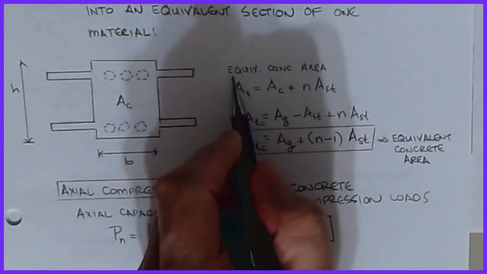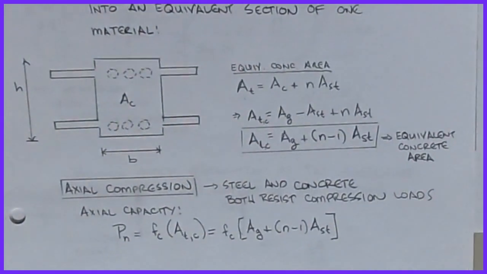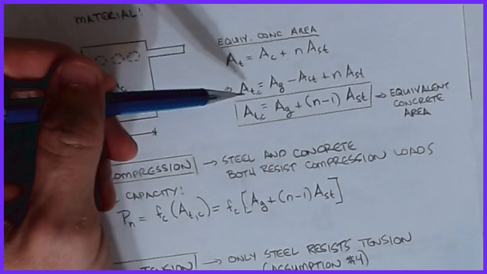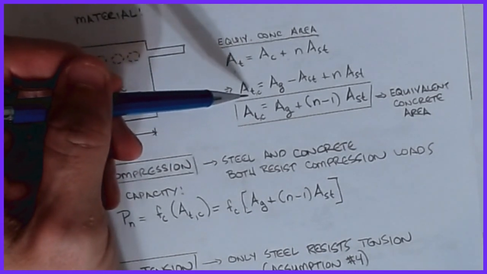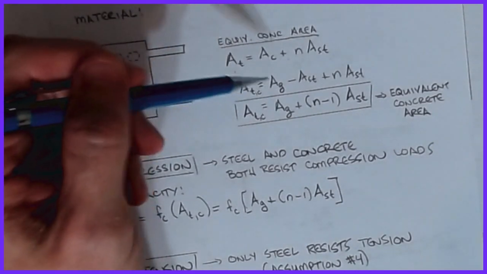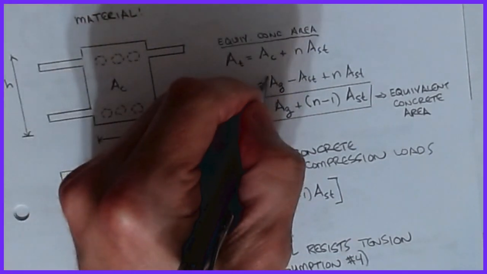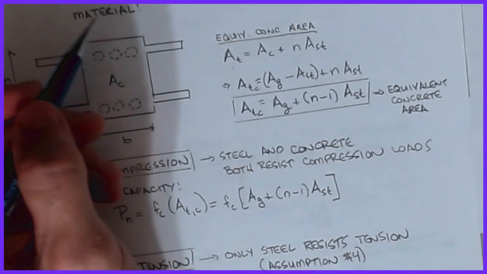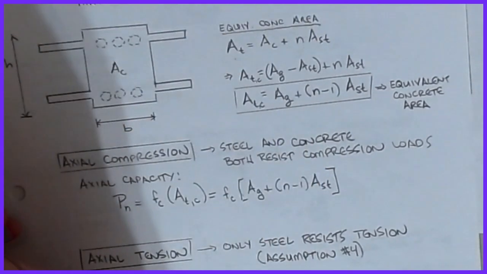And so we'll play with that. When I look at this, the total area of concrete is our area of concrete, A gross minus area of steel, plus N times the area of steel.